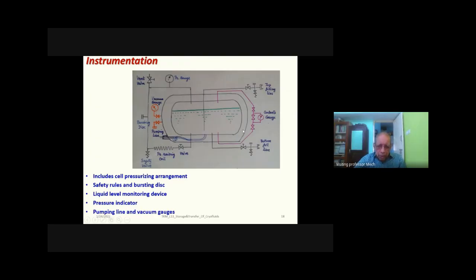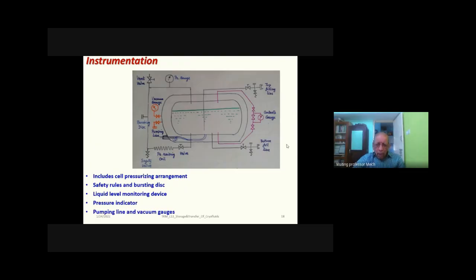Then the interspace vacuum can be measured by the vacuum gauge. You can also use a parallel line to evacuate the interspace. Then you have the differential pressure gauges, which can give you the percentage of content available. These lines are where you measure the hydrostatic pressure using a differential pressure gauge.